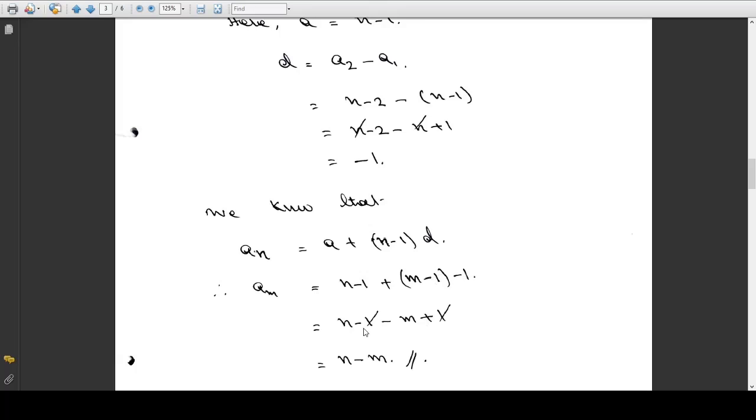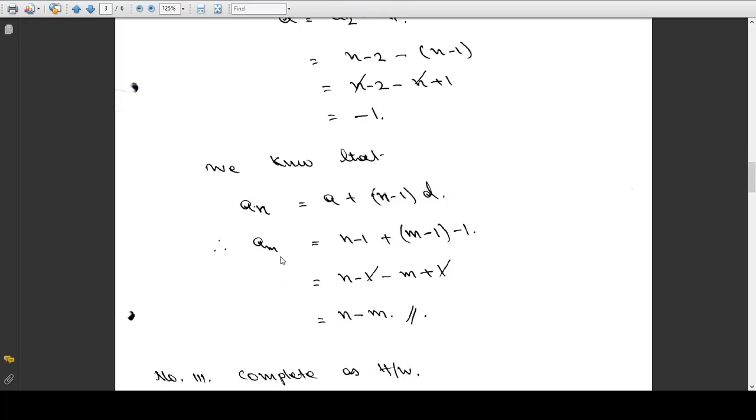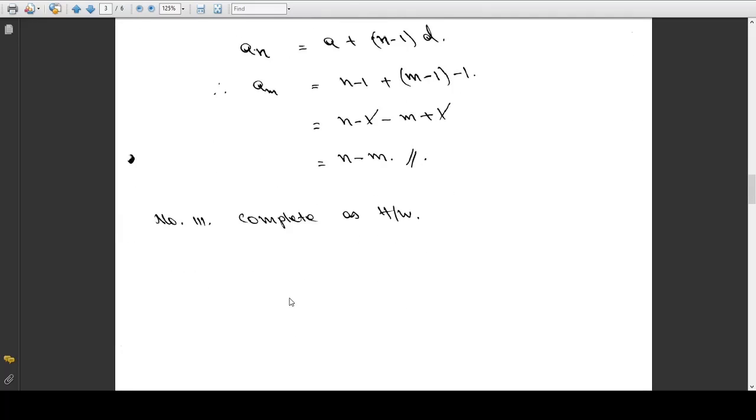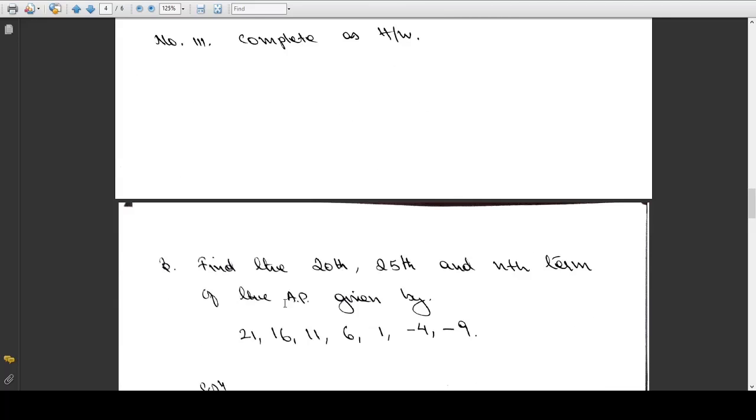Here 1 is negative, 1 is positive, 1 minus 1 is 0, therefore you can cancel 1. Here n minus m remains, therefore the value of am will be n minus m.